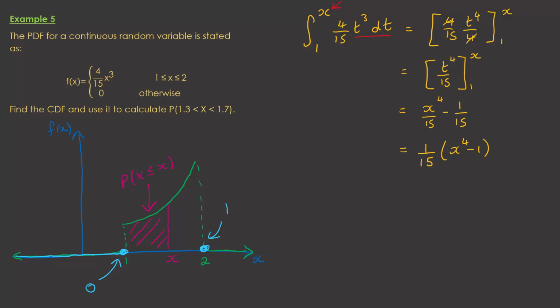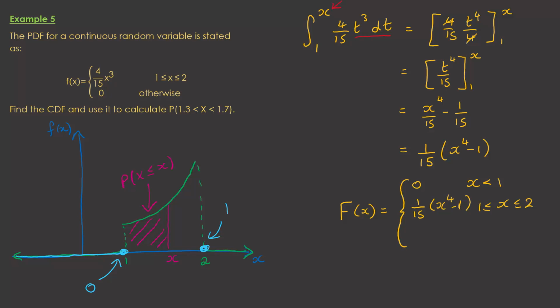So to state our CDF, and we usually use the capital F when it's the CDF, that's going to be 0 when x is less than 1. It's then going to be 1/15 of x to the 4 take away 1 when x is between 1 and 2.